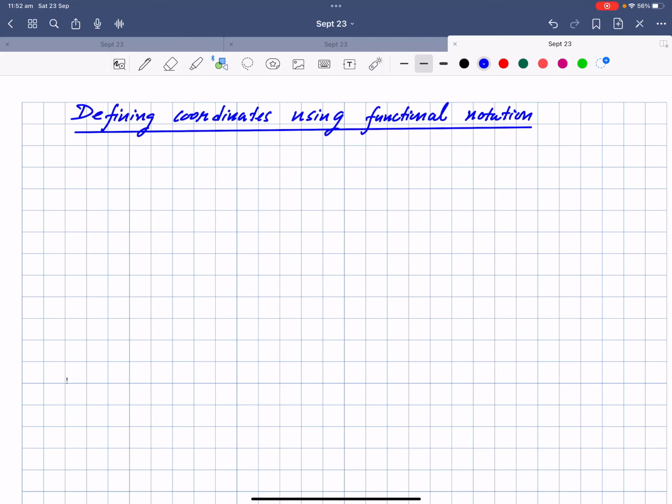Okay, so defining coordinates using functional notation. So what is a functional notation? For example, you might have seen we write y is equal to x plus 1, linear equation. You might have seen y is equal to x squared plus x plus 1, quadratic equation.